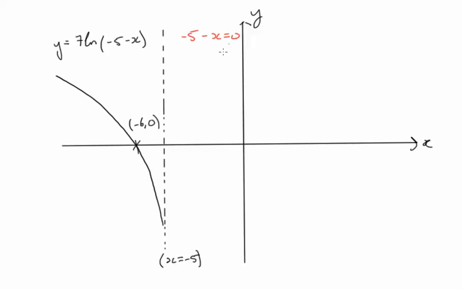So let's check that. Yep, I got my asymptote right. Let's check the x-intercept again. Make y equals 0. So e to the power of 0 is 1. I always like to check things 2 or 3 times. I know it sounds crazy, but small mistakes on your exams cost you a lot of marks. That's your answer.